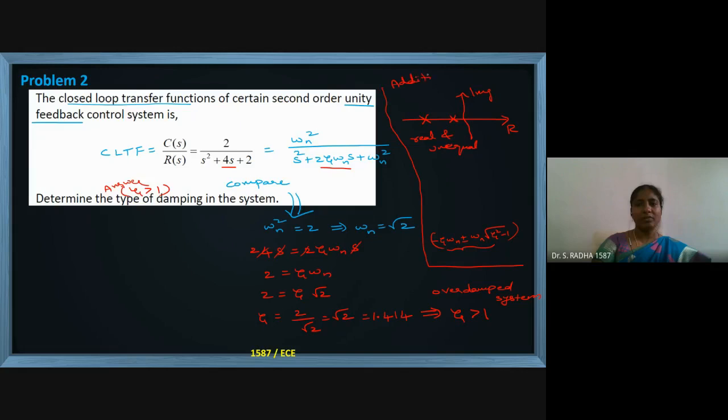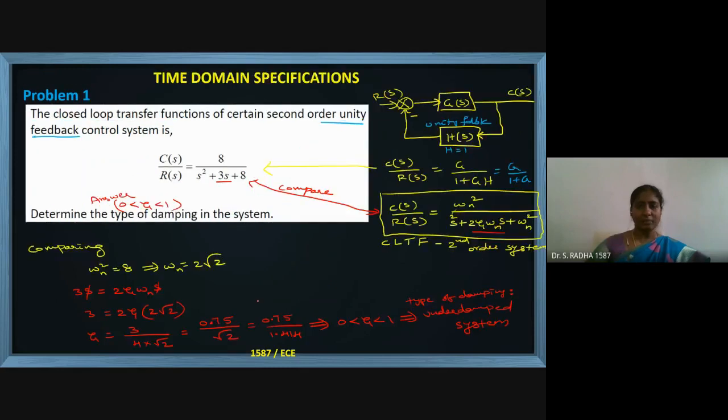Whatever is written on the side, I am writing as additional information. That is not part of the solution. If we recall it many times, then we will not miss out the next time in the examination. Underdamped means complex conjugates. Complex conjugates means you have to write in the quadrant, on the negative side only, because the general format will be minus eta omega n plus or minus j omega n root of 1 minus eta square.